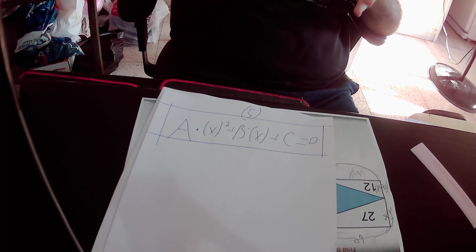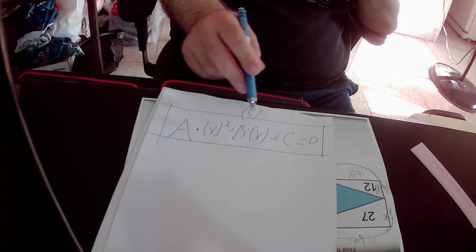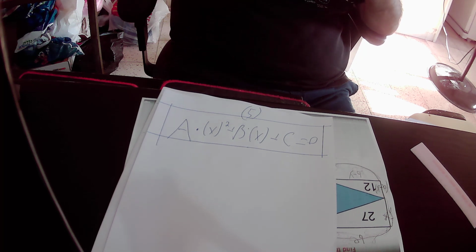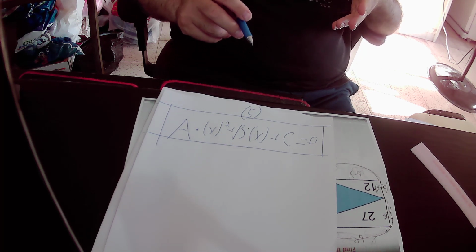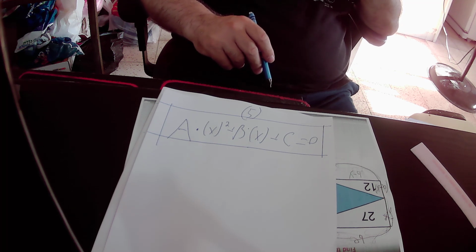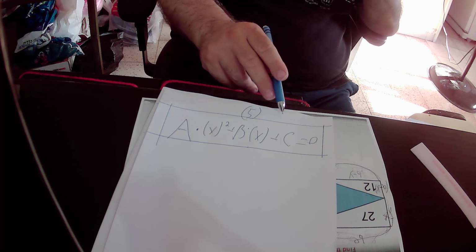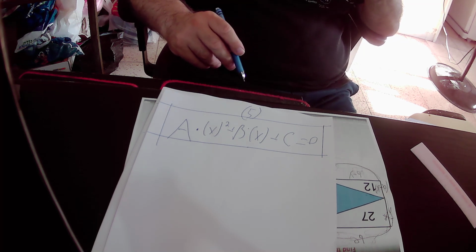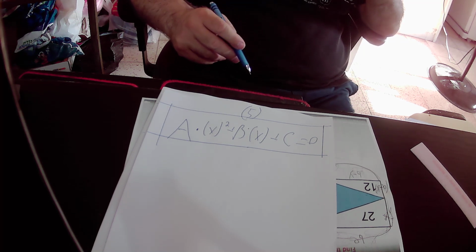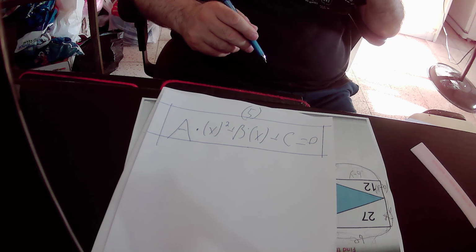This is the general form of a quadratic equation, and actually a, b and c are the coefficients of a quadratic equation, and x is the variable that we want to find in a quadratic equation. So we will write it down.